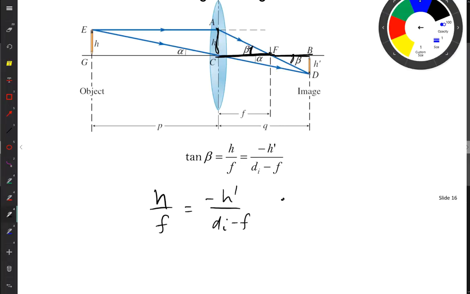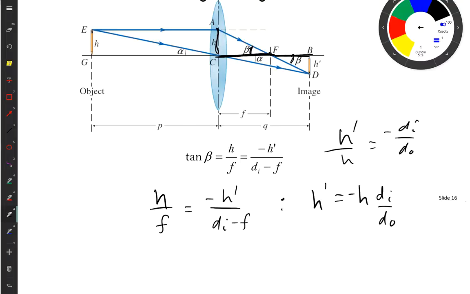And so this gives us a second relationship. But from the first mathematical relationship, we had that h prime is equal to minus h distance image over distance object, right? From the previous page, we had h prime over h equals minus di over do. So solving that for h prime, we have a simple relationship that I can plug in here.